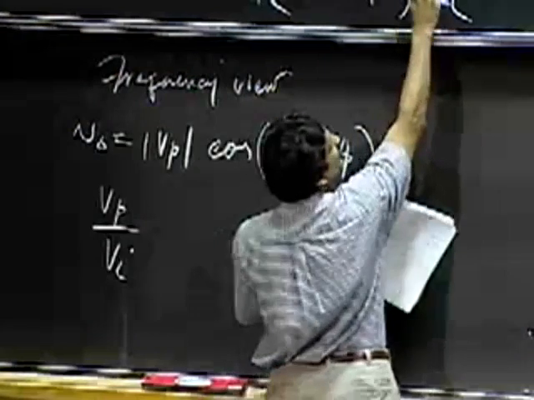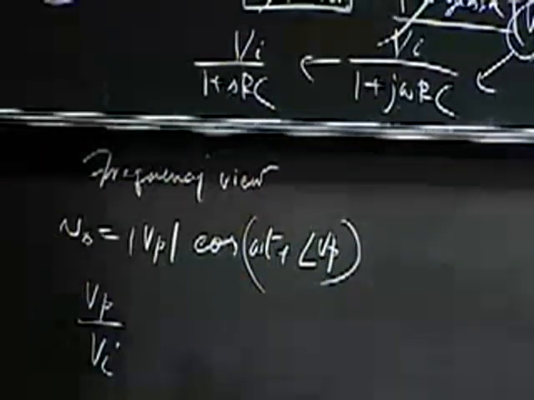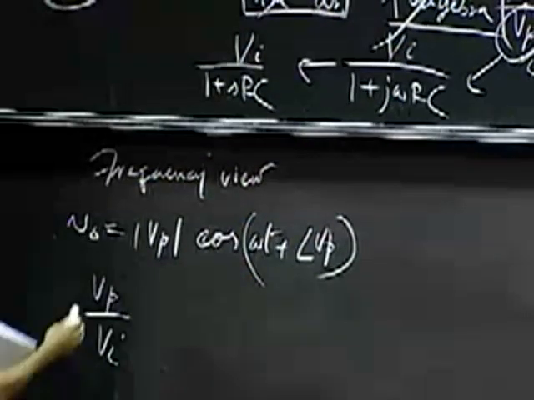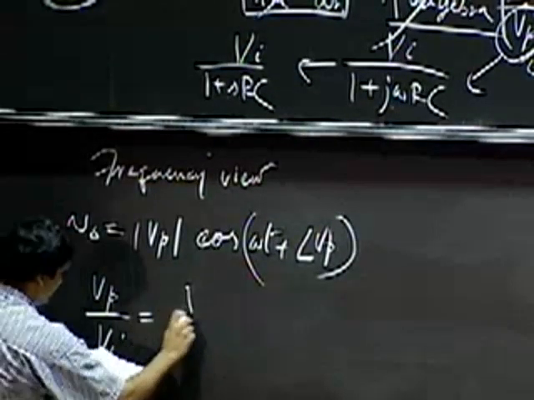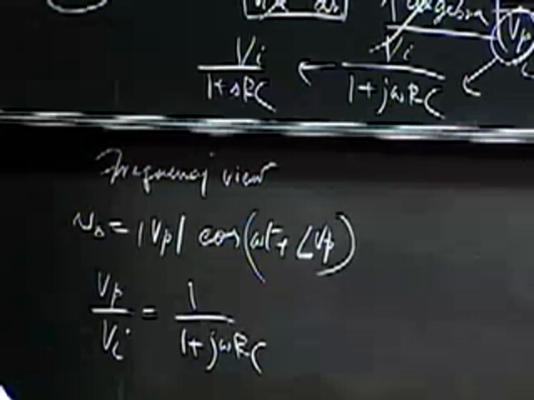Oh, that's Vp, so this one should be Vi here. So Vp divided by Vi is simply 1 by 1 plus j omega Rc.